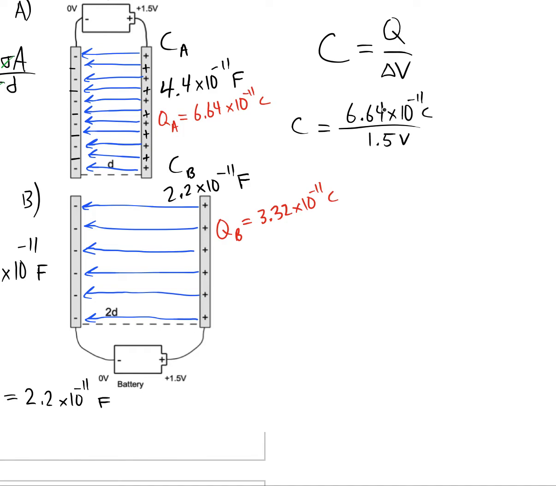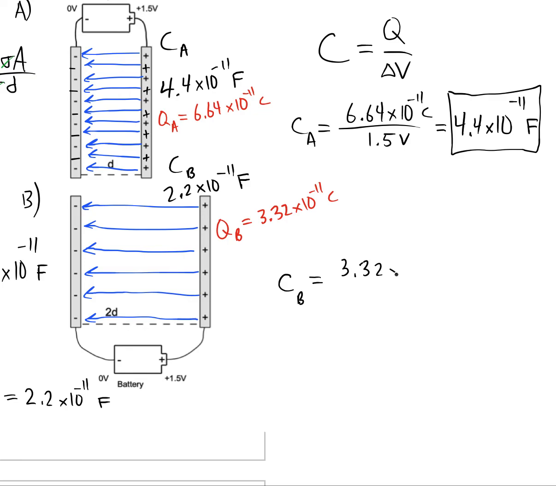We have to divide the charge on the plates by the potential difference across the plates. And we again get 4.4 times 10 to the minus 11 farads. If we do it for setup B, we get half the capacitance as expected.